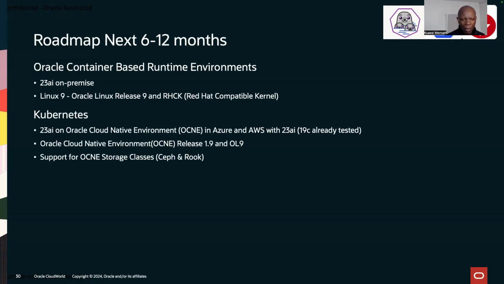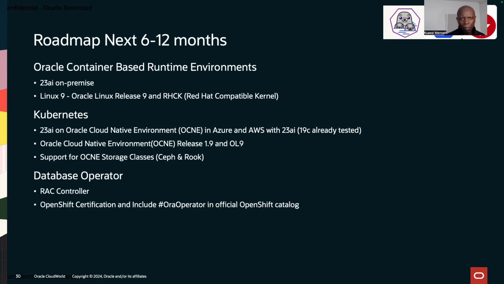In terms of Kubernetes, we're adding 23ai on OCNE, in Azure and AWS. And then OCNE release 1.9 and OL9, and support for OCNE storage classes, Ceph and Rook. In terms of the database operator, the major changes will be a rewrite of the controller, and something customers have been asking for, OpenShift certification.